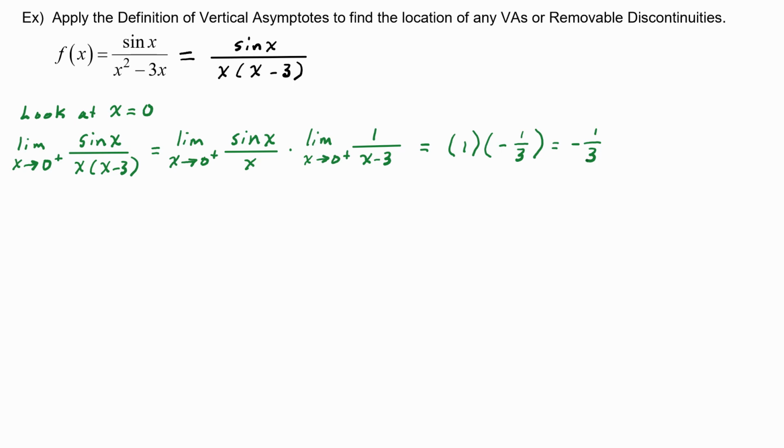And that tells us that x equals 0 is not a vertical asymptote. And in fact, it means that f has a removable discontinuity at x equals 0.